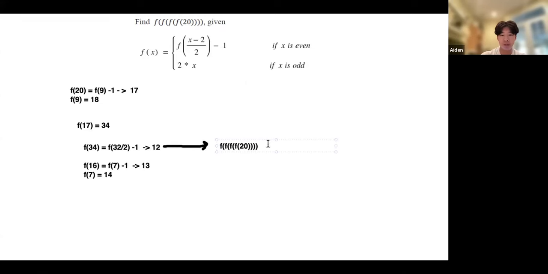And so, go down. We have f of 34, which is the second to last step. So that means that now all we're looking for is f of 12.